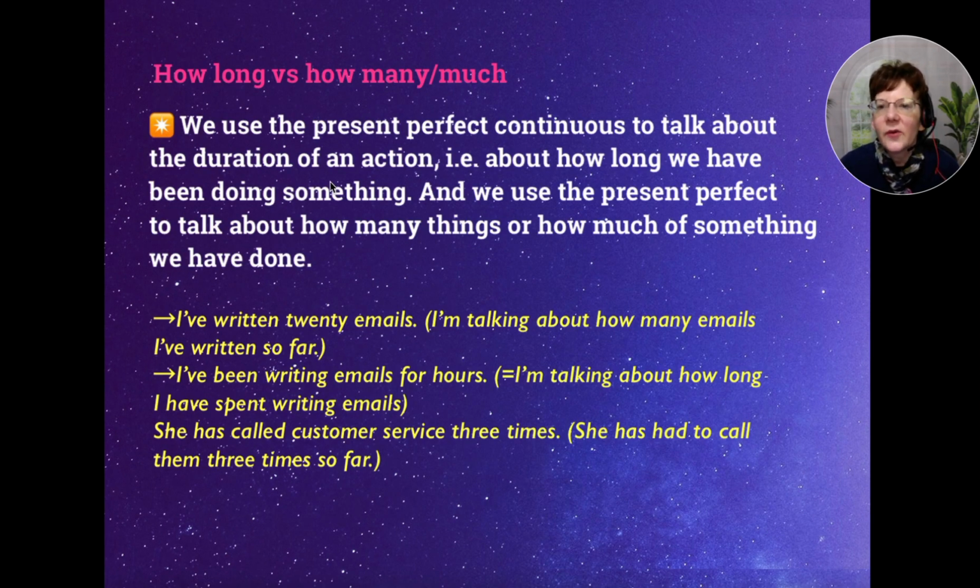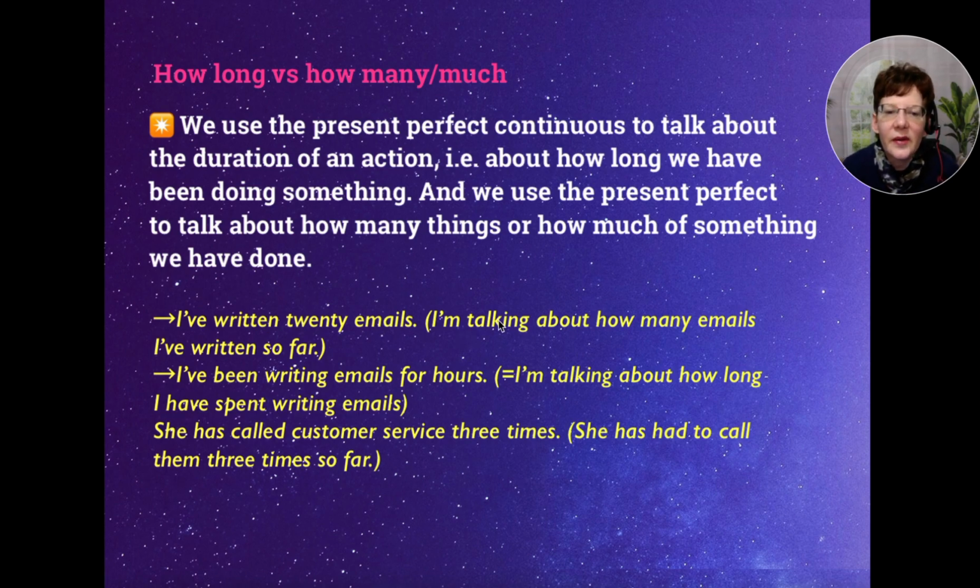Now, finally, let's look at how long versus how many or much. So we use the present perfect continuous to talk about the duration of an action, for instance, about how long we have been doing something. And we use the present perfect basically to talk about how many things or how much of something we have done. Okay, so we'll look at these. I've written 20 emails.